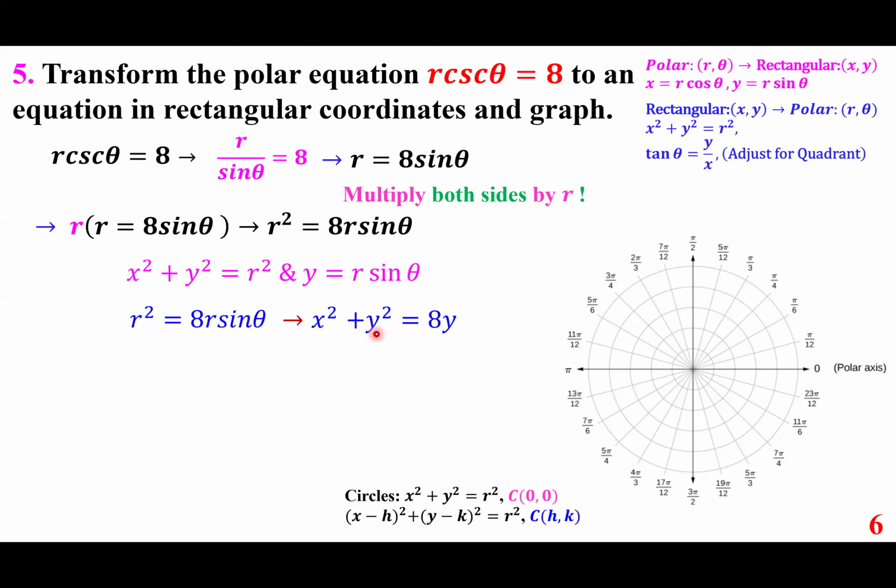We're going to move this next to y squared. B is -8. Divided by 2 is -4.